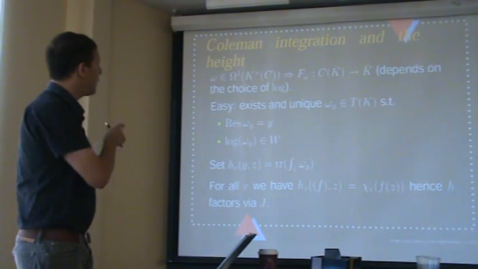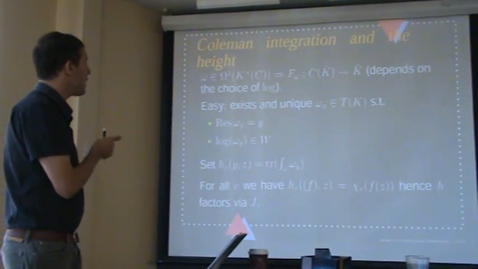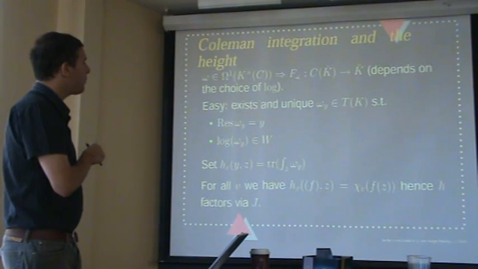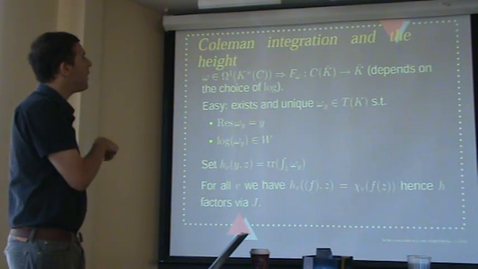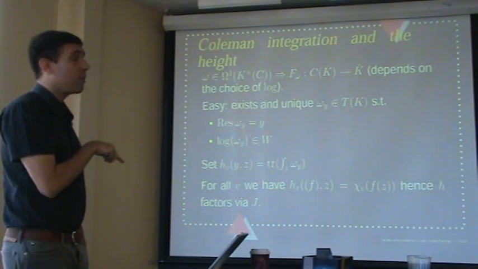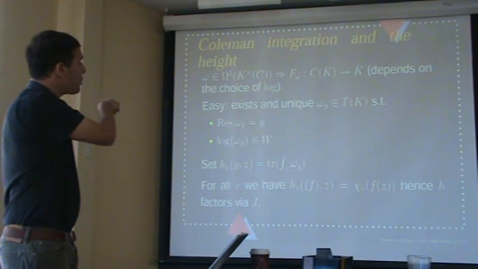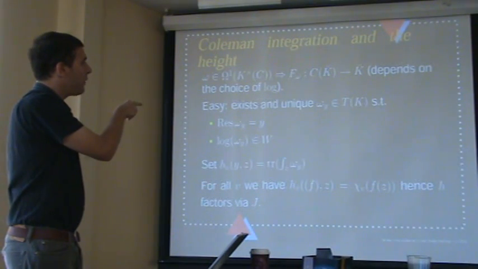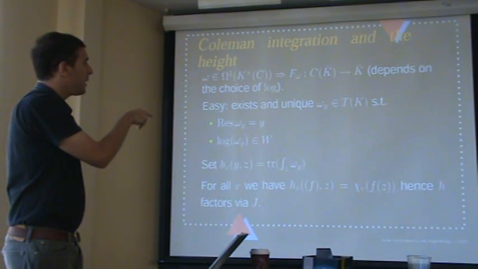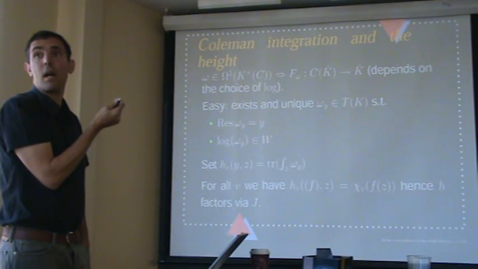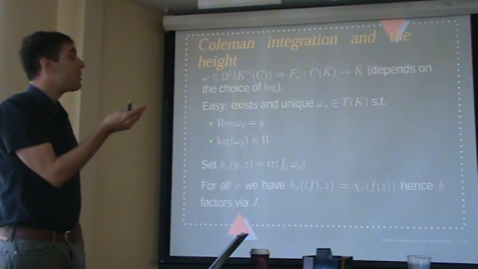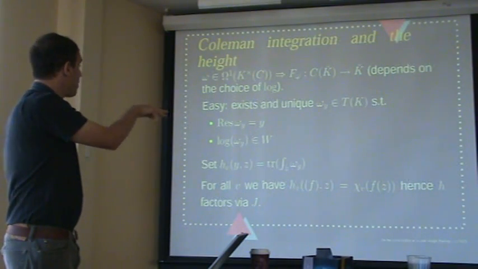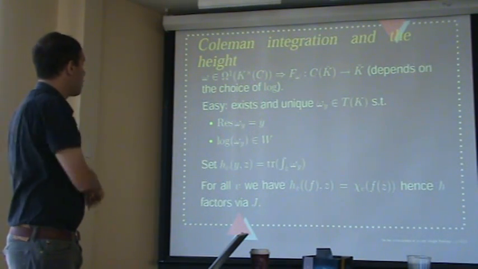If I take one of the divisors to be a principal divisor, then h_v of the divisor of f against z comes out to be the local component chi_v of f(z). So if I sum all of these, I get the sum of the chi_v's of f(z), but this is an idela class character. So if I sum everything, it's going to die on things from F star, and so that shows that h actually factors through the Jacobian.